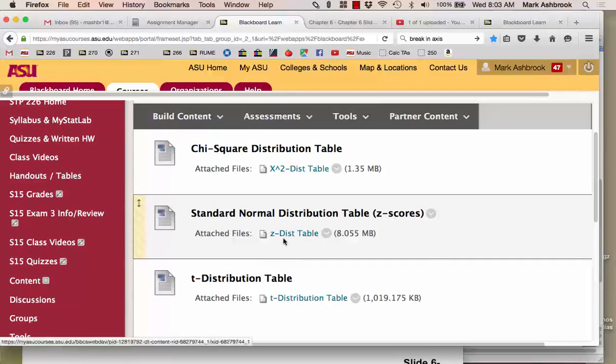The second one here is the Z distribution table, the standard normal distribution table, Z-scores. And I intended to give you hard copies when I came in the door today, but I forgot. I apologize. So we'll make do, but you want to print this out because it's going to be one of your best friends for the rest of the course.